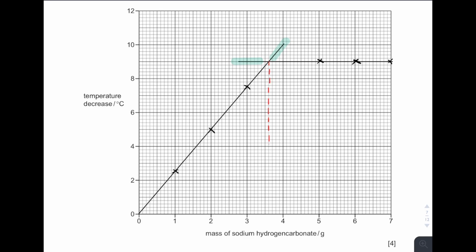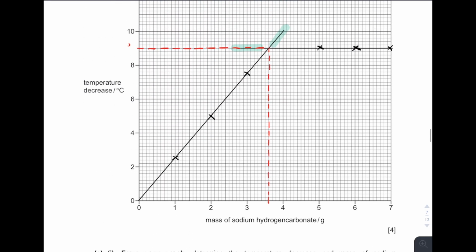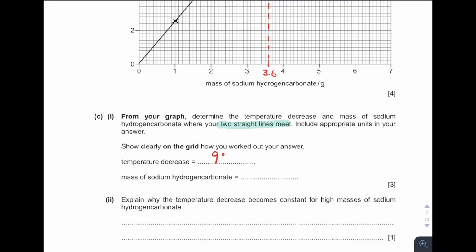One more thing, you have to show how you get the readings, so show it by dotted lines. From here we know the temperature decrease is 9, and for this one it is 3.6. So 9 degrees Celsius and 3.6 grams. Please be reminded to include the unit.